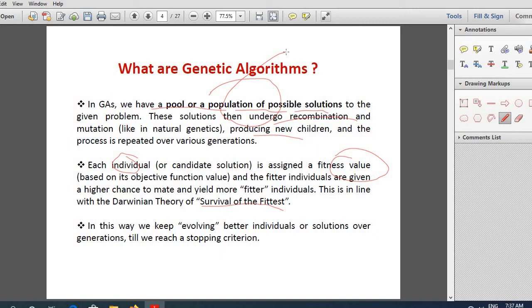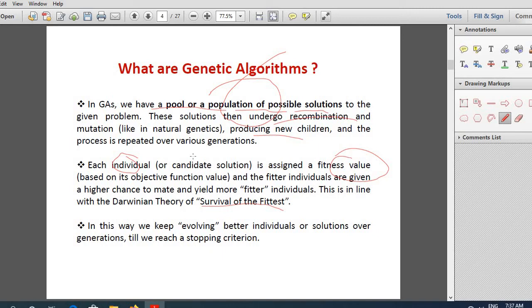Then it goes through a series of processes like recombination, mutation, and evolving of the individuals over generations. So what happens is, from that group of 100 or 200 solutions, you make some changes to the solutions, mutation, crossover.